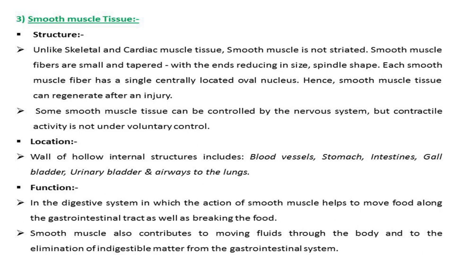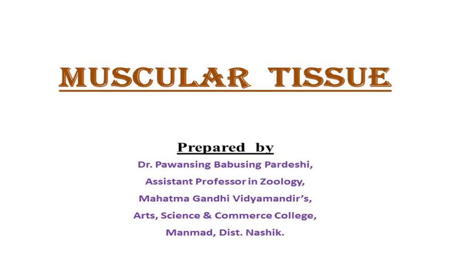In the digestive system, the action of smooth muscle helps to move food along the gastrointestinal tract as well as break down the food. Smooth muscle also contributes to moving fluid through the body and to eliminating indigestible matter from the gastrointestinal system. These are the main functions in the digestive system carried out by smooth muscle. Thank you.